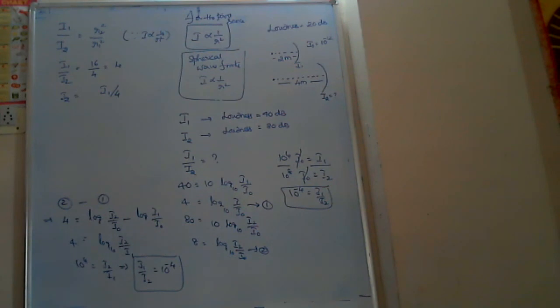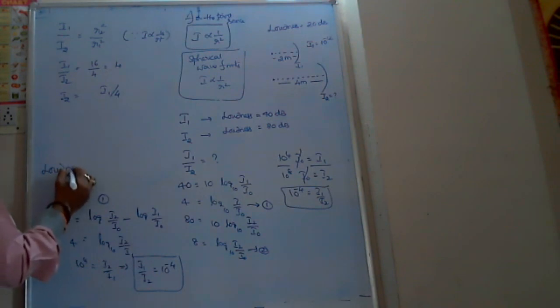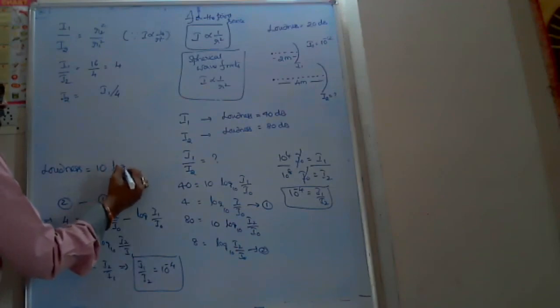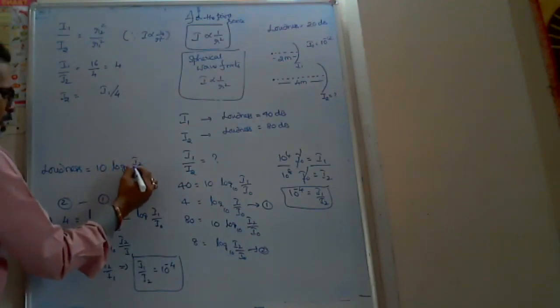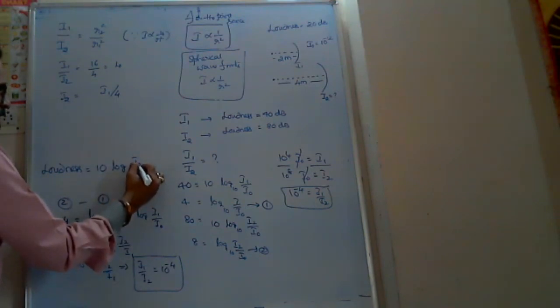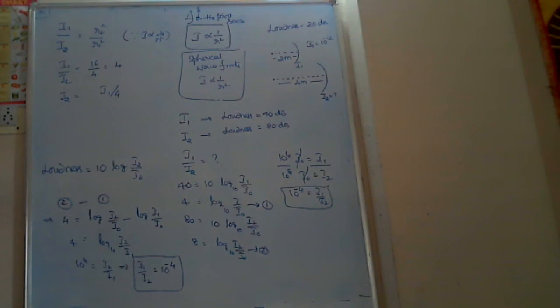To find the loudness at the second position, according to the formula, loudness in decibels is 10 log I2 by I naught. I naught I can substitute, but I2 I don't know. Sir, he gave 20 decibels.